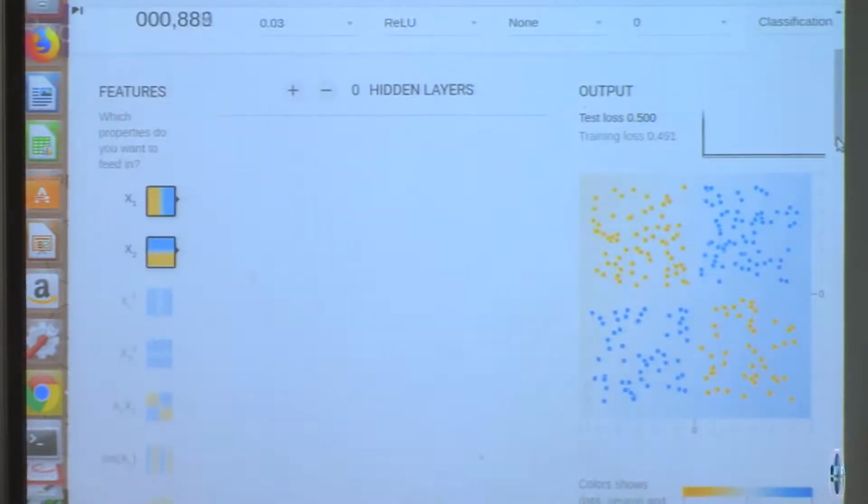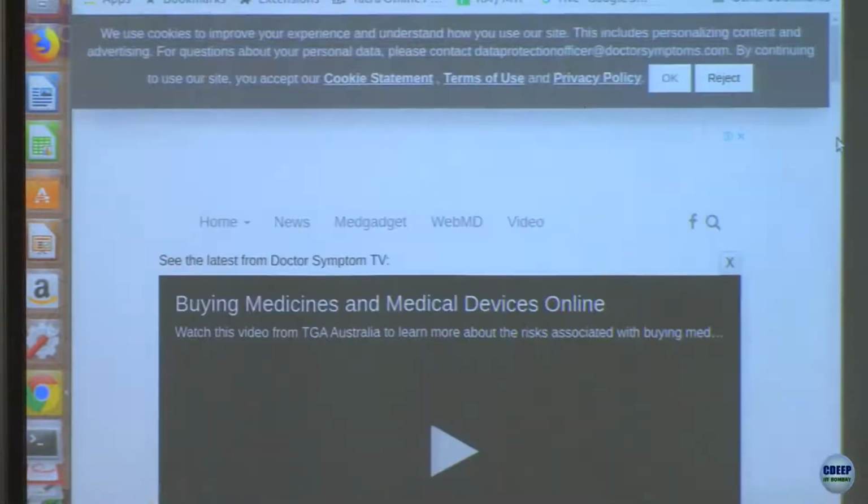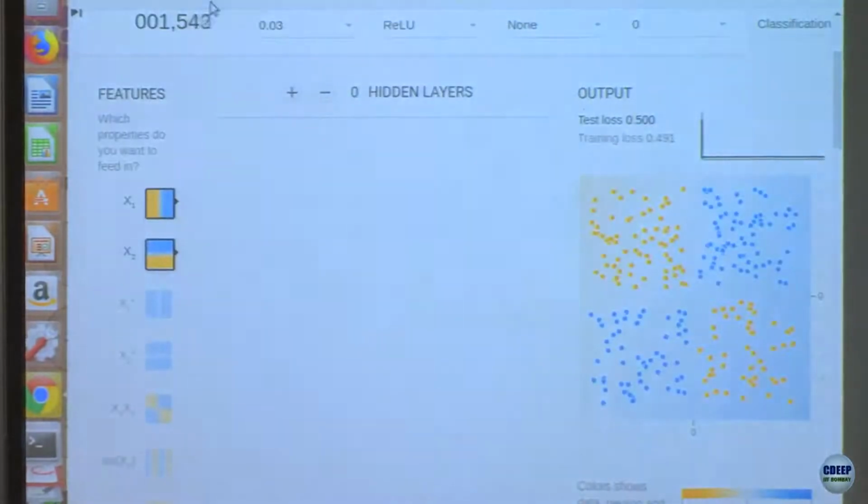So if the data is not linearly separable, 0 hidden layers is not going to serve any purpose because it's basically logistic regression, right? So that was the example of XOR.